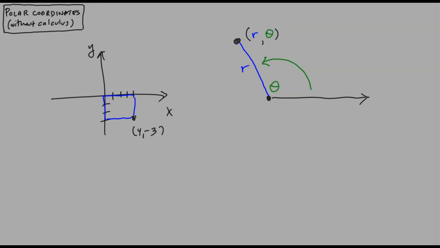Now, an important distinction between the Cartesian coordinate system and the polar coordinate system is that once I've laid down my axes in the Cartesian system and specified my unit on each one, then the coordinates of any given point are unique. This point is (4, -3), and that's all there is to it. That's not the case with polar coordinates.